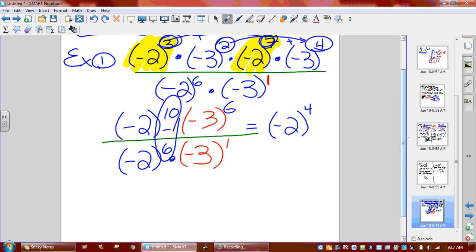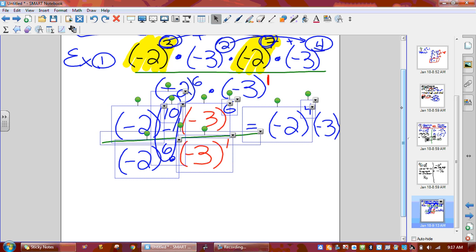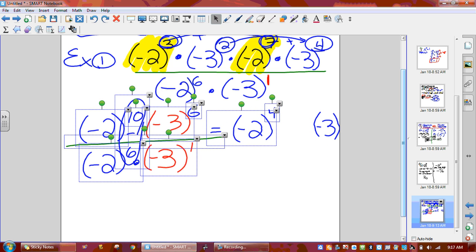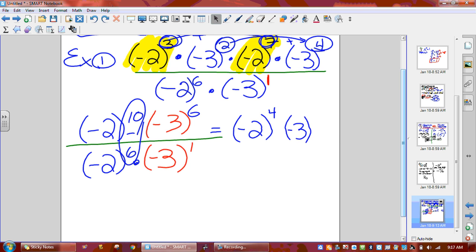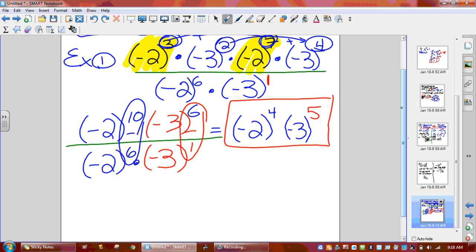Now, 3s, I've got a negative 3 base. How many negative 3s do I have? I need to subtract my exponents here. How many do I have left over? 5. Good. Now, if the question says leave in exponent form, this is all you're going to have.